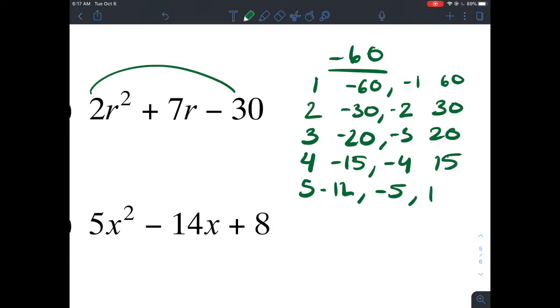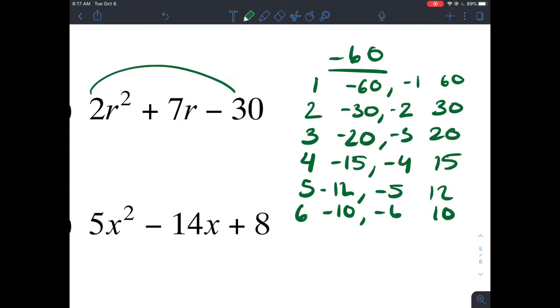I'm sorry, 5 times negative 12. Negative 5 times positive 12. Then we get 6 and negative 10. Negative 6 and 10.